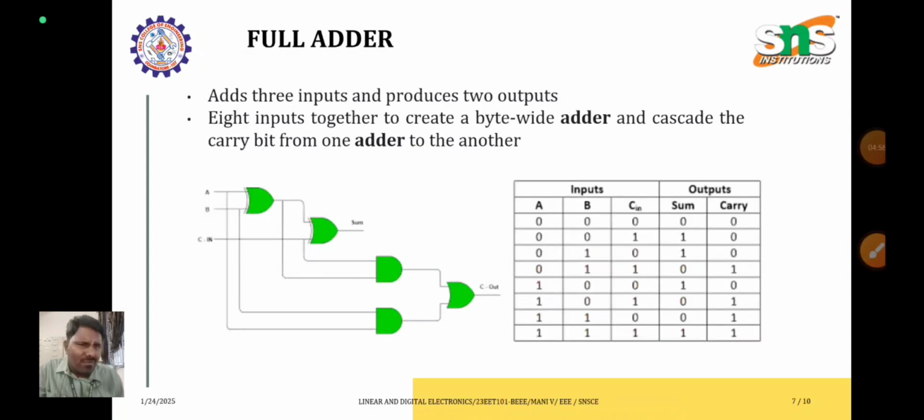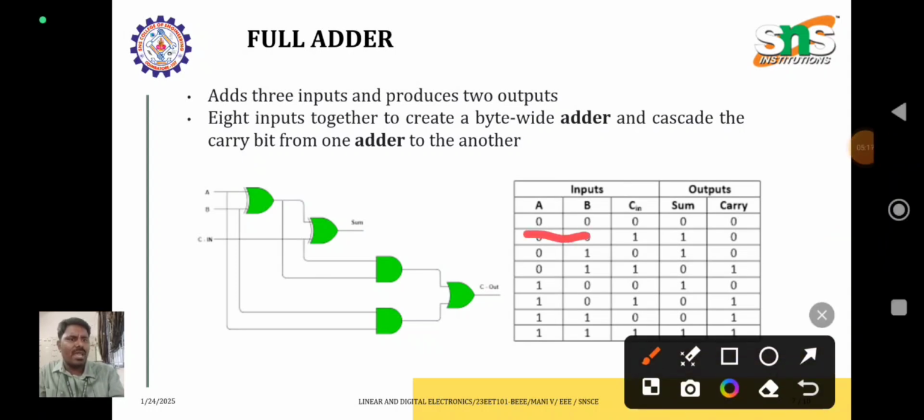And if you go for the full adder, the addition of 3 inputs is nothing but a full adder. Addition of 2 inputs is a half adder, and addition of 3 inputs is a full adder. Here A, B, C are the 3 inputs, and there are 2 outputs, sum and carry. First of all, we add 2 inputs A and B. 0 plus 0 is 0, and that 0 will be added with the third input, so 0 plus 0 is 0.